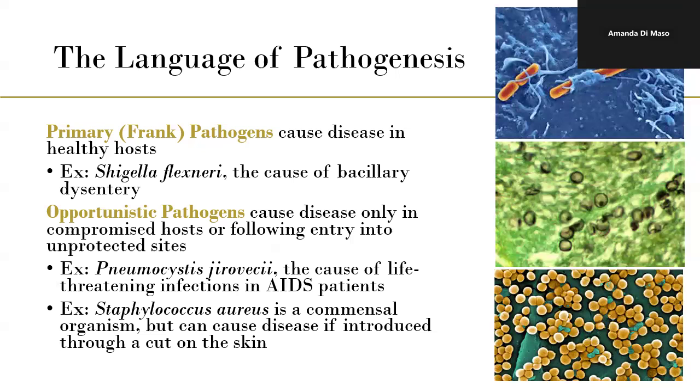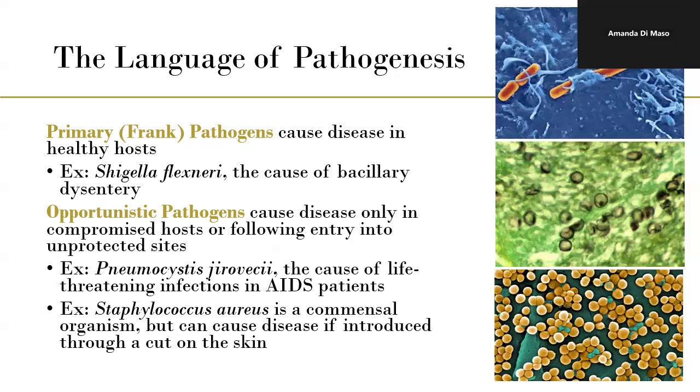And then we have our opportunistic pathogens. Honestly, this is where most pathogens tend to fall. Ones where if you are healthy, if you are not immunocompromised, you're not going to get sick from it unless the bacteria can enter and get past your primary barriers. So it's getting through your skin, getting through your mucous membranes, and somehow getting into your body or into your bloodstream.